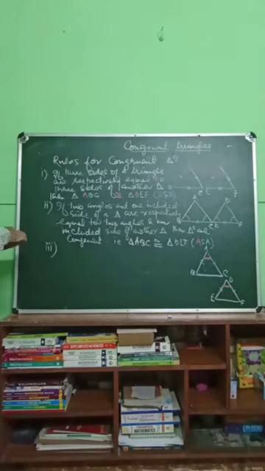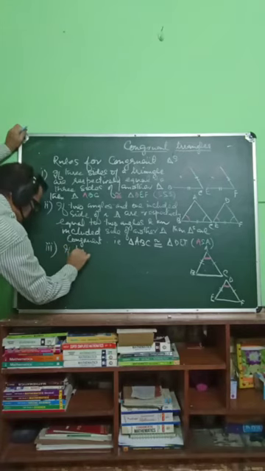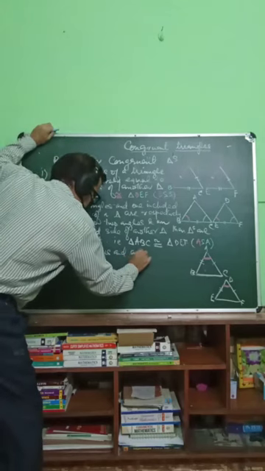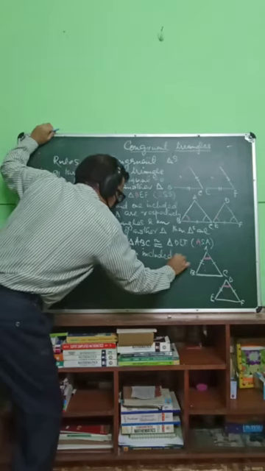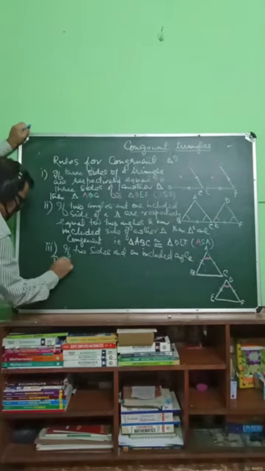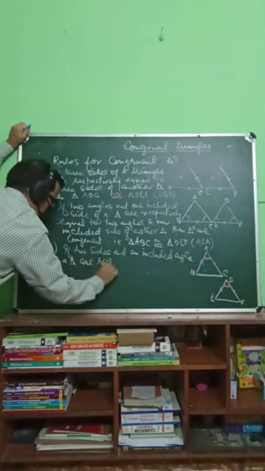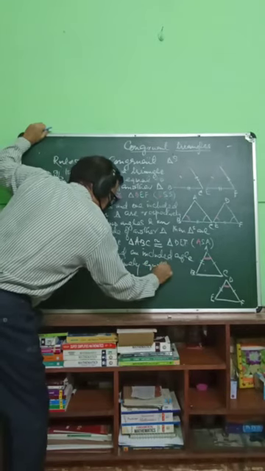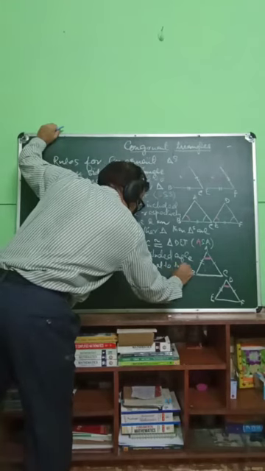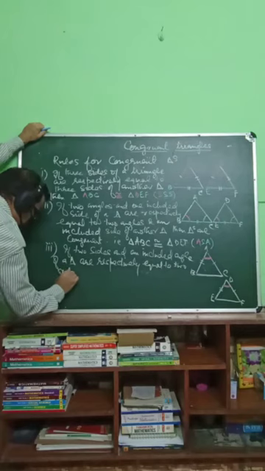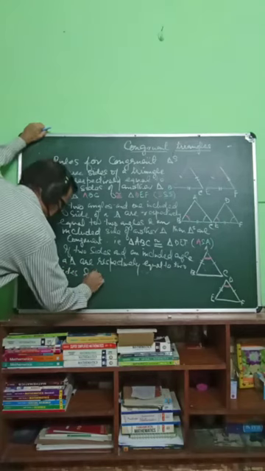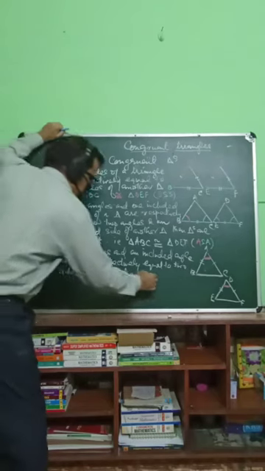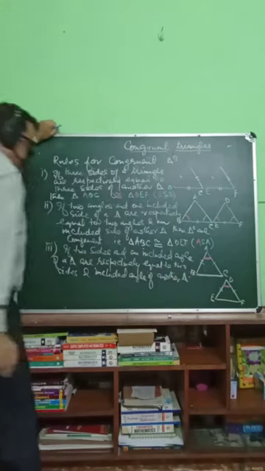So we will write: if two sides and an included angle of a triangle are respectively equal to two sides and included angle of another triangle, then triangles are congruent.